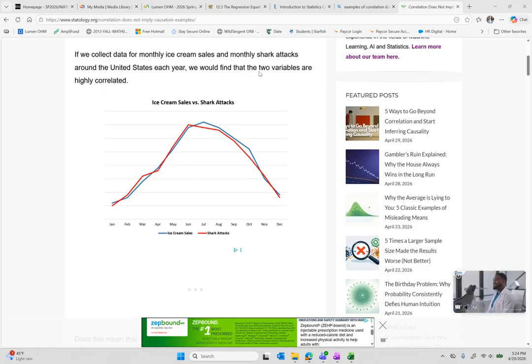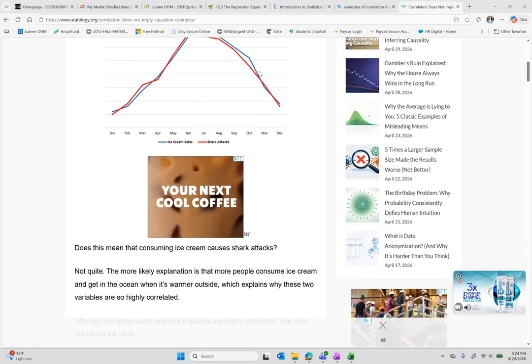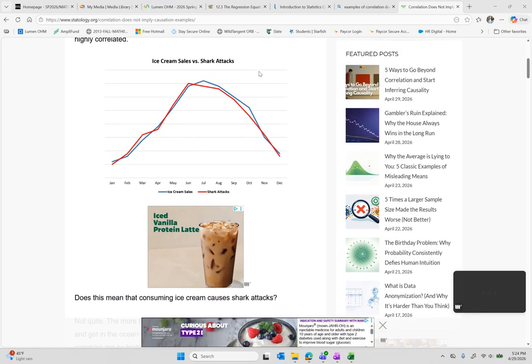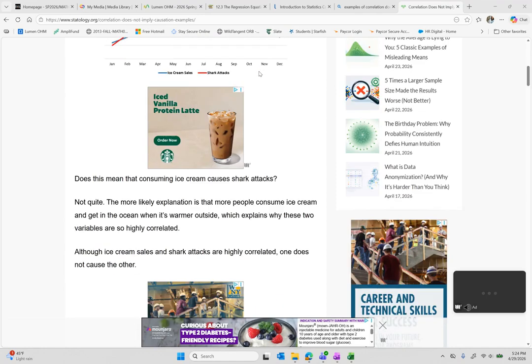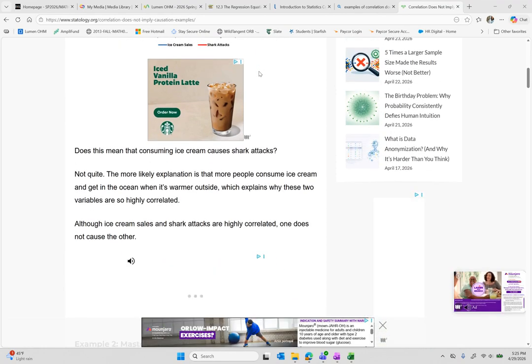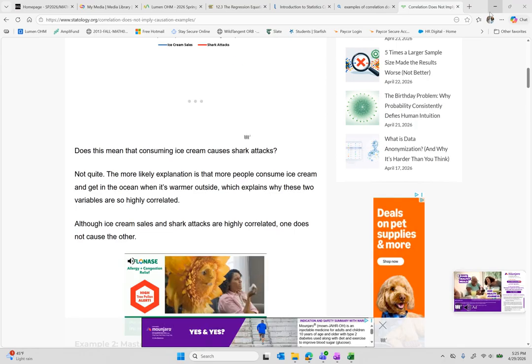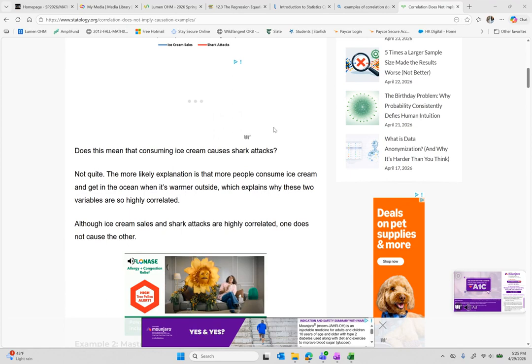As ice cream sales increase, shark attacks also increase, and as ice cream sales decrease, shark attacks also decrease. The question is whether that means that consuming ice cream causes shark attacks, and we can all understand that this is not the case.